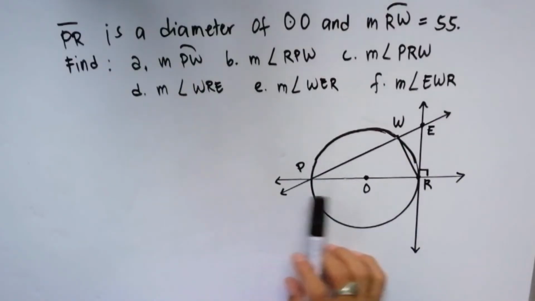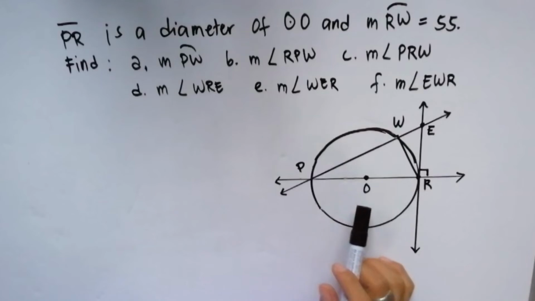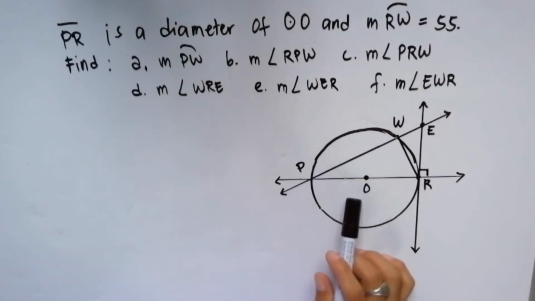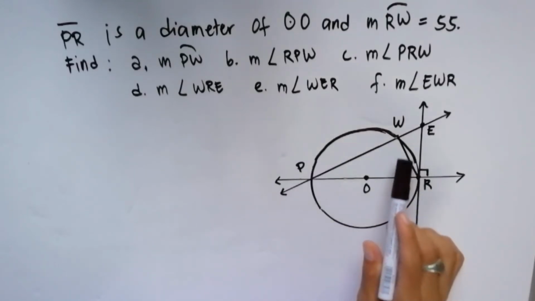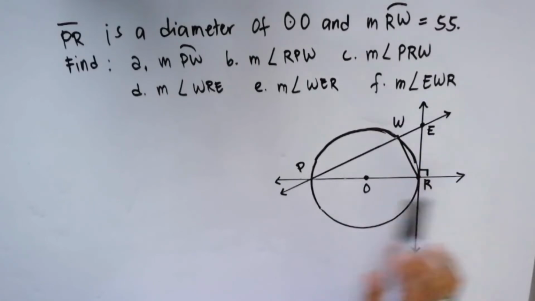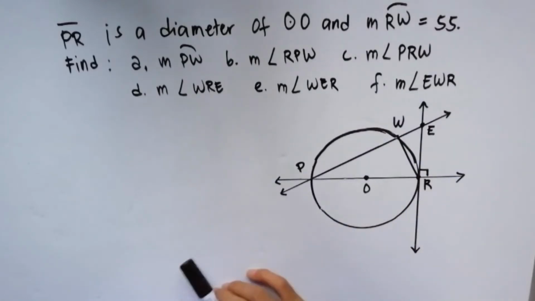Okay, segment PR is a diameter of circle O, and the measure of arc RW is equal to 55. Find A, the measure of arc PW.